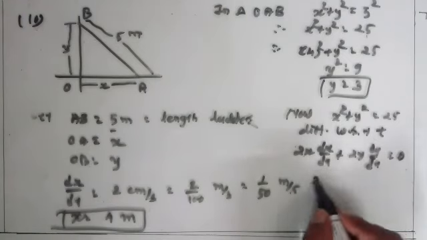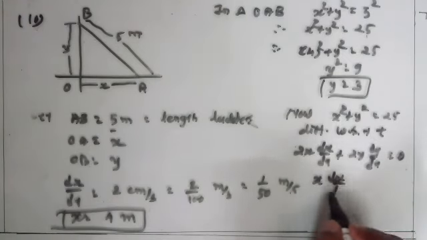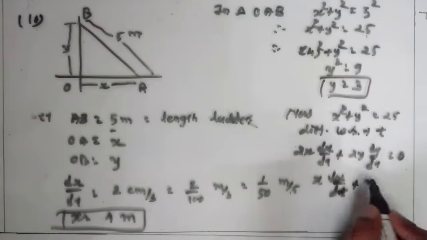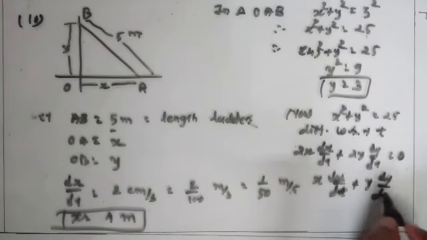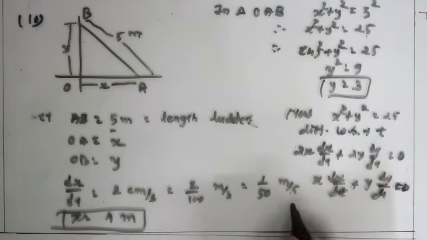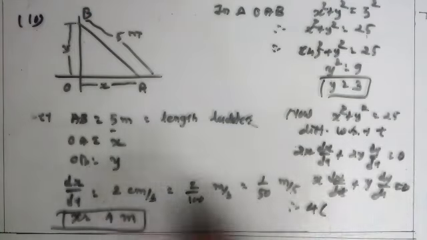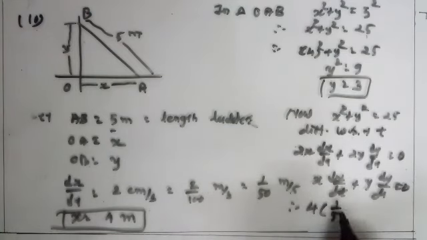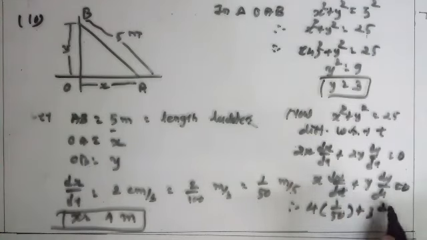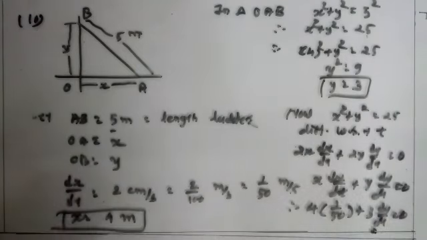Dividing by 2, we get x dx/dt plus y dy/dt is equal to 0. So replace x by 4, dx/dt by 1 upon 50, y is 3, plus 3 dy/dt is equal to 0. So from this we get dy/dt.